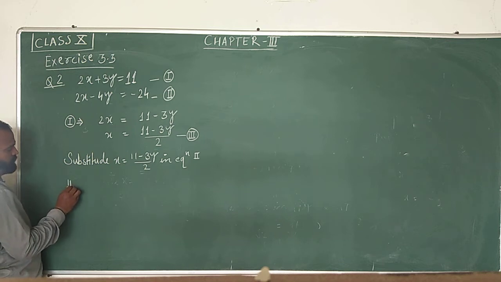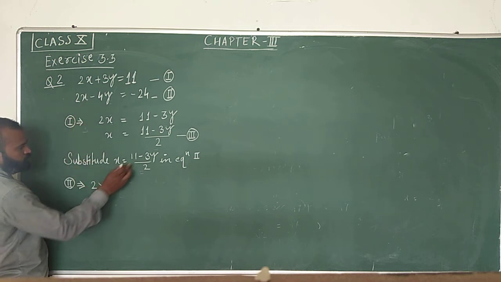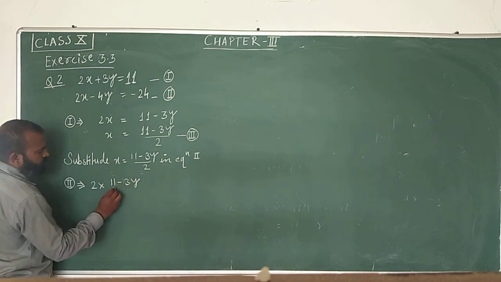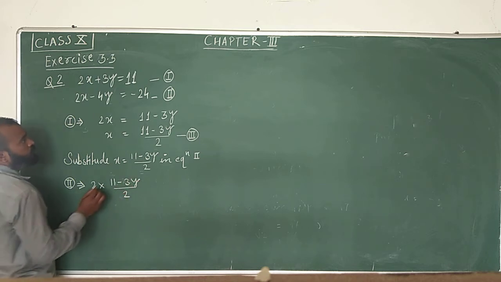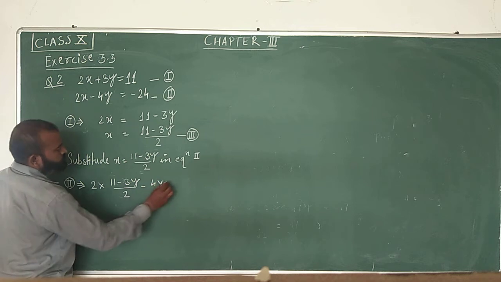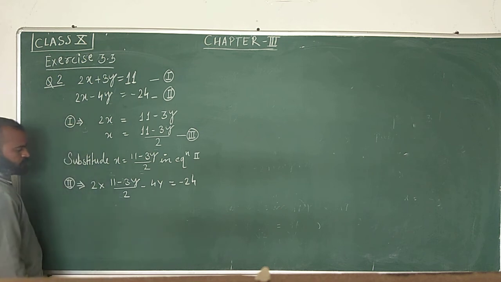What is equation number 2? Equation number 2 gives 2 into x, which is 11 minus 3y upon 2, minus 4y equals minus 24.